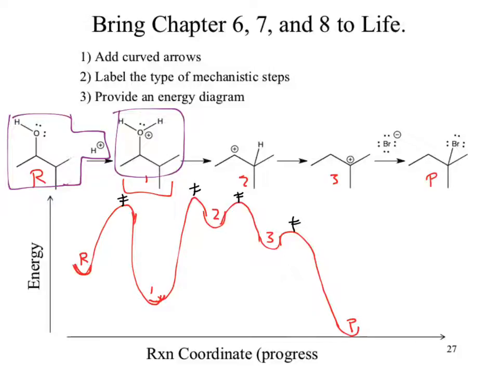So take a look at 2 and 3. In 2, what is the reactive thing? The carbon that is charged, so the positive charge is the reactive thing. And we could say that the positive carbon. What's the reactive thing in 3? Positive carbon.